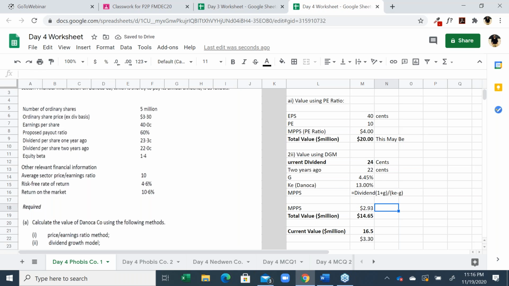Will this be a value for Forbes company? Should Forbes company expect the Denoka company to be selling it for 14.65 million? No. So it has a low significance.